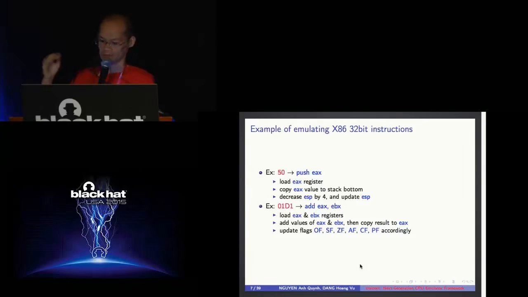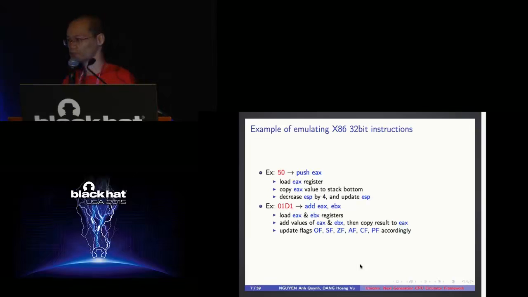And finally, it decreases the stack pointer by 4 and updates it back, right? Another example, if the emulator sees 01 D8, it decodes this into an add instruction. After that, it loads the EAX and EBX registers, adds them together, and copies the result into EAX. And finally, it needs to update the flags register. So you can see that's all the work that a CPU emulator does.